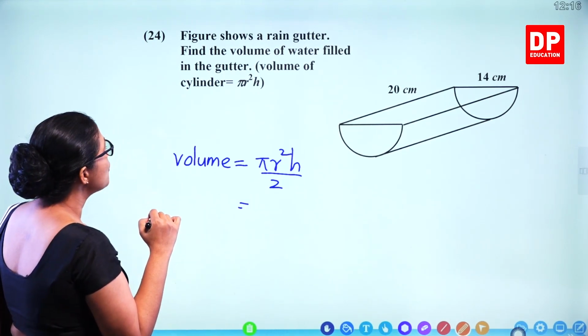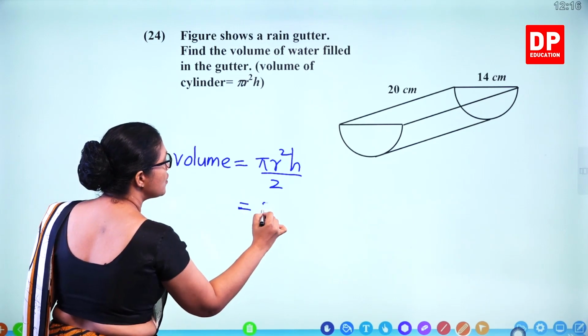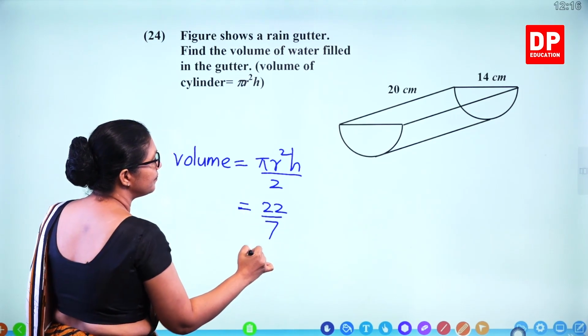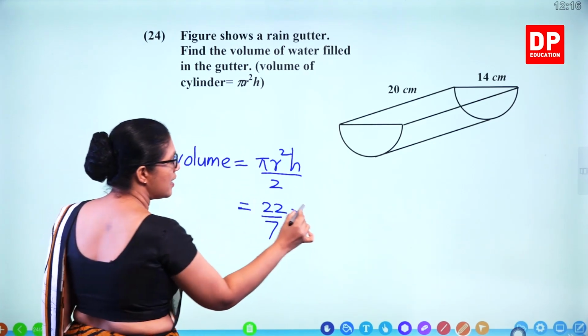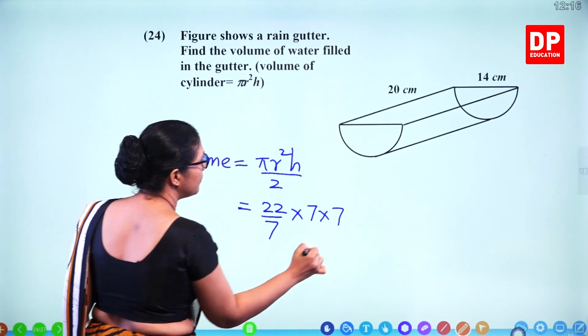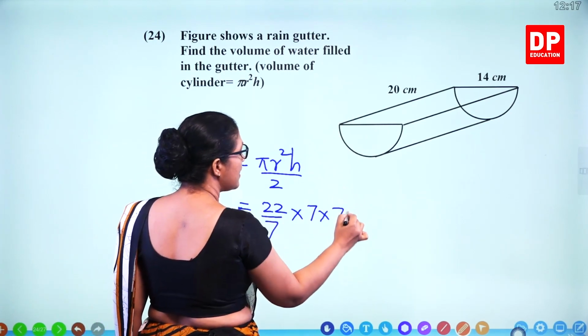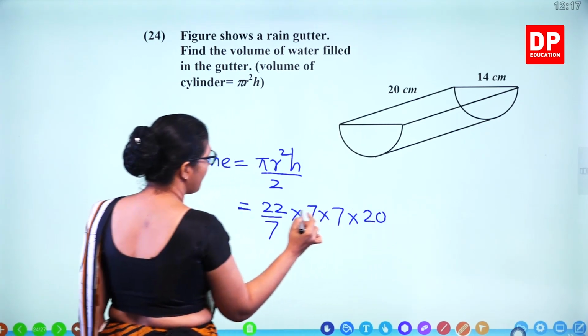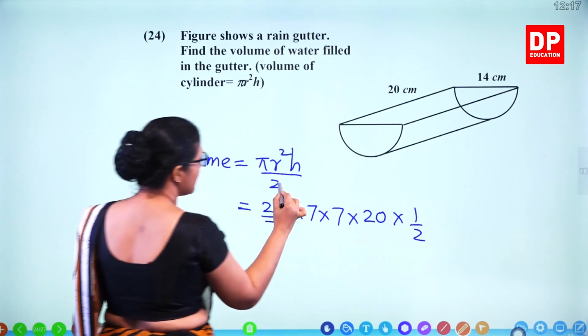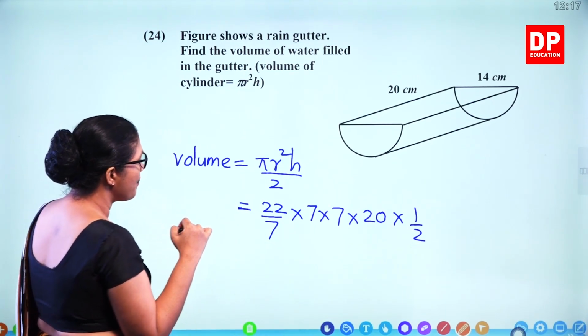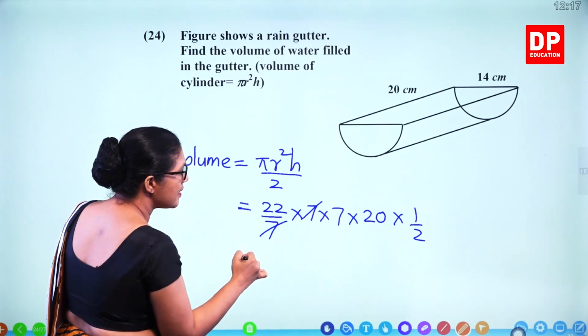So we'll substitute values. Pi is 22 over 7. R is the radius. Diameter is 14, so R is 7. H is the length, that's 20. And you get half, that's this divided by 2. Now simplify. 7 gets cancelled out.